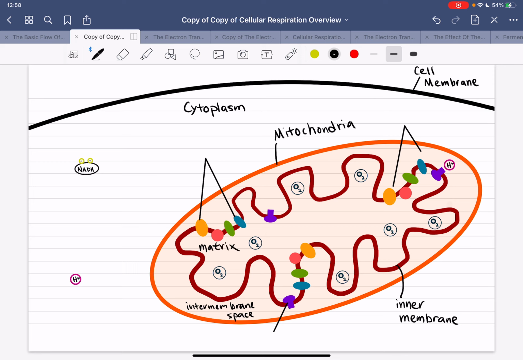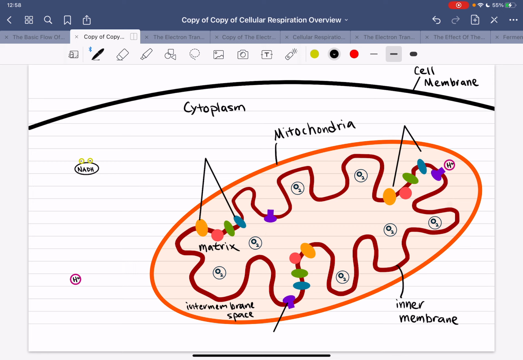So the point of this drawing is to show you where the electron transport chains are located within the mitochondria. So the electron transport chains, as we're going to learn, are a series of molecules and proteins that are really good at transferring electrons, passing them along, and allowing those electrons to become progressively more stable.